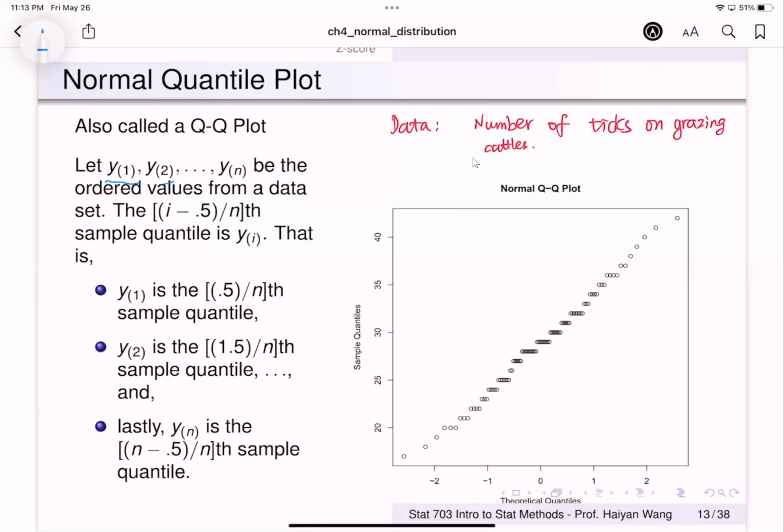On the horizontal axis, what do we put for this value? This would be the 0.5 divided by n percentile on the x-axis. So on the x-axis, we'll use the 0.5 divided by n percentile from the standard normal distribution, so the normal with mean 0 and variance 1.